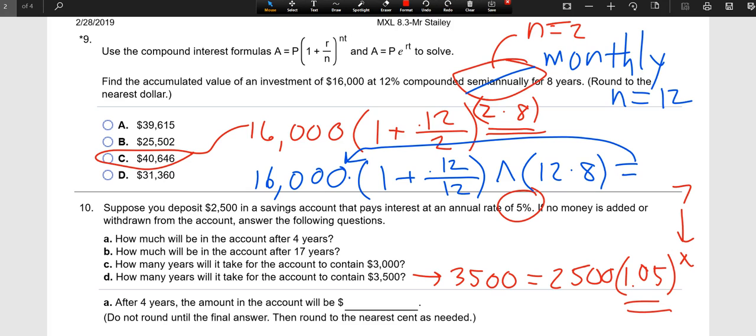How much more interest would you get if it was compounded monthly versus semi-annually, just by changing that one thing? $942.37. Okay?